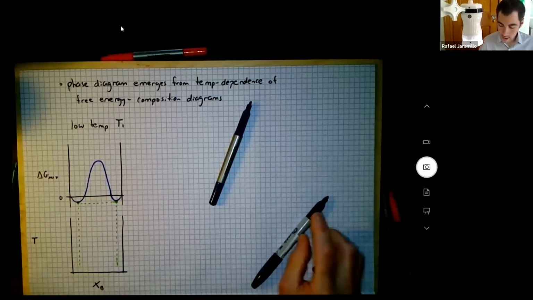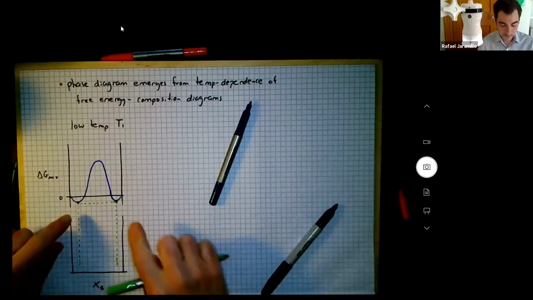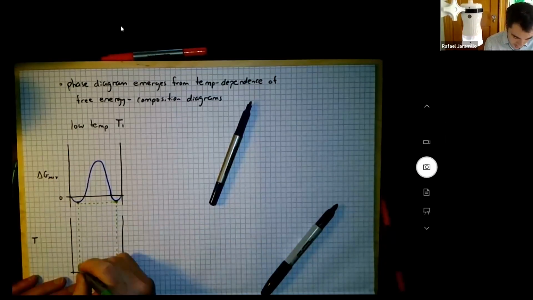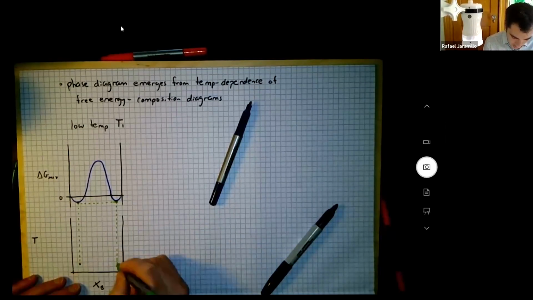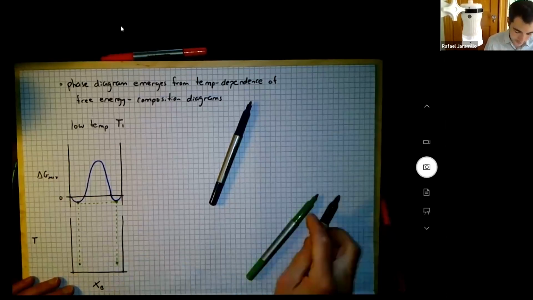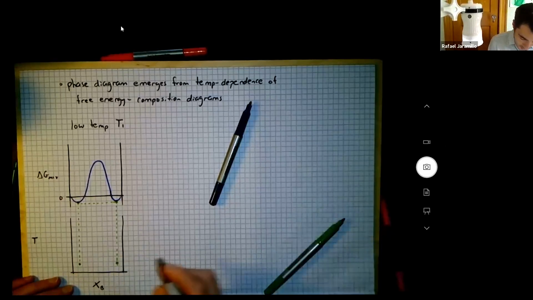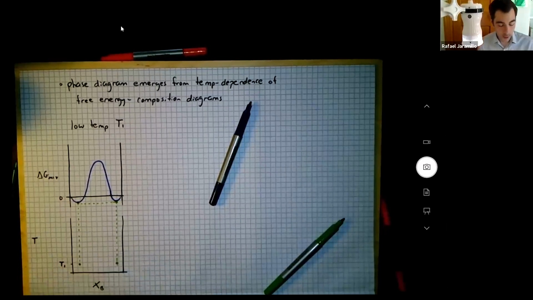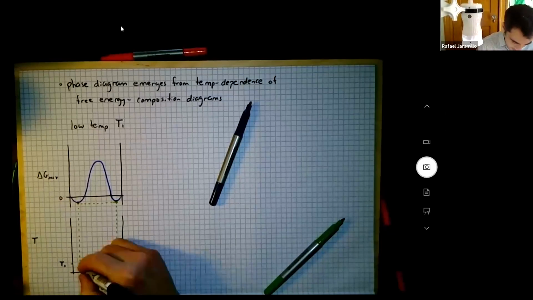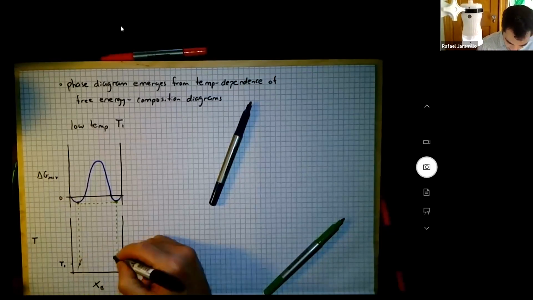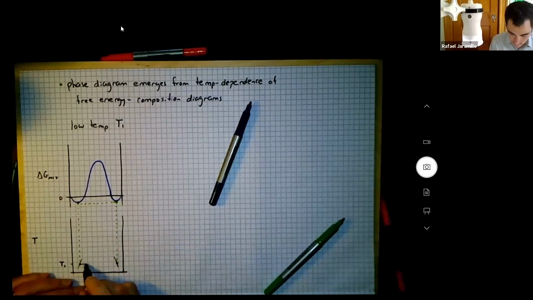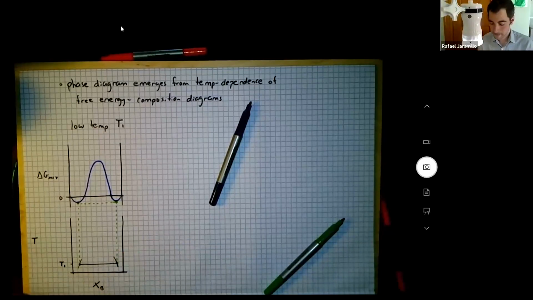And what I've just learned from this common tangent is that these two compositions can coexist at equilibrium at temperature T1. So those are 2 points on the phase diagram. And I know what's going to happen if I vary temperature. So I'm just going to draw those as 2 points on little line segments, and I'm going to connect them with a tie line. Okay.